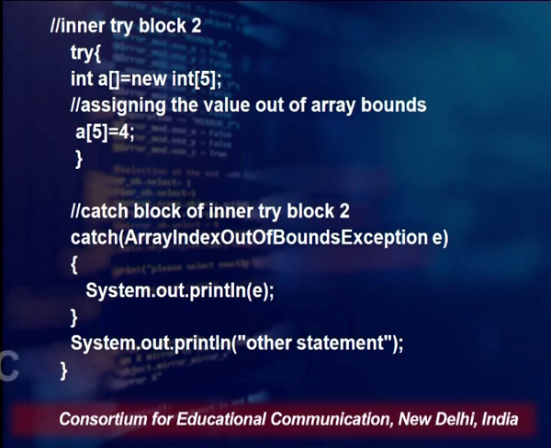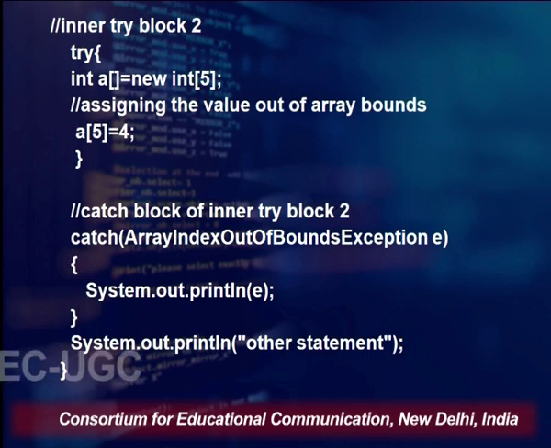So, this statement a[5] = 4 is going to throw an exception. What kind of exception? It is going to throw an ArrayIndexOutOfBoundsException. To handle this situation, we have placed one catch block just after this try, which is catch ArrayIndexOutOfBoundsException e, and it does nothing but print System.out.println(e), that means it prints the contents of the object e.